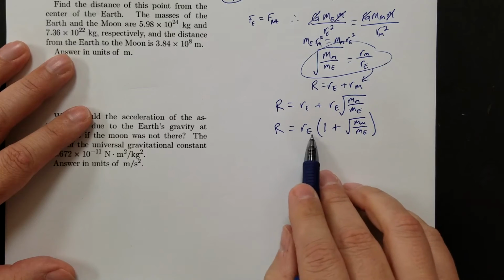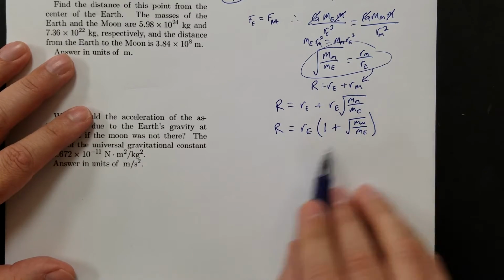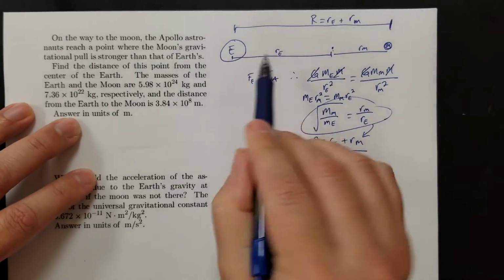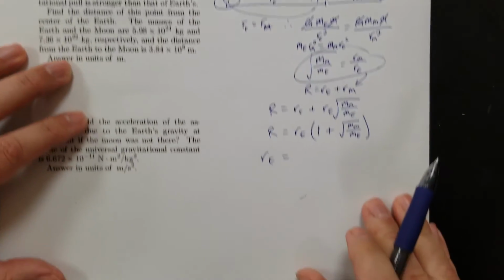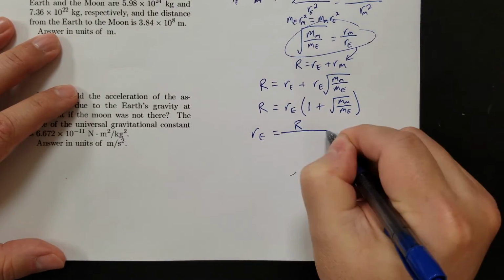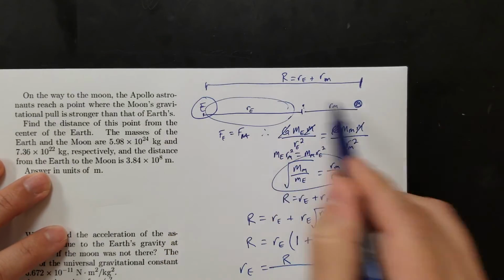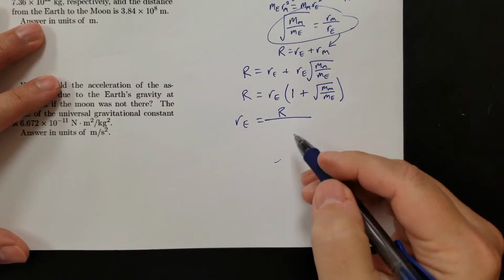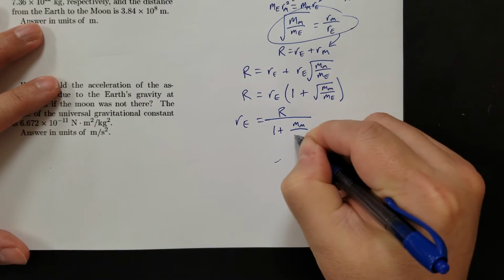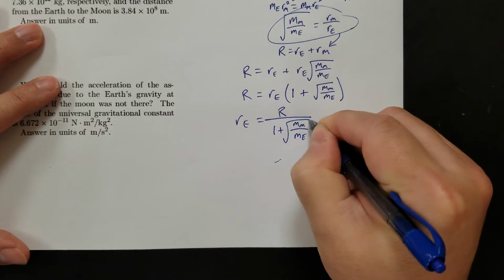So if I want to solve for the distance from the Earth, I can just divide this over. So the distance from the Earth, Re, which is what I want, I'm trying to find that distance. The distance from the Earth is going to be big R, which is the total distance between the Earth and the moon, big R divided by 1 plus the square root of the mass of the moon over the mass of the Earth, right?